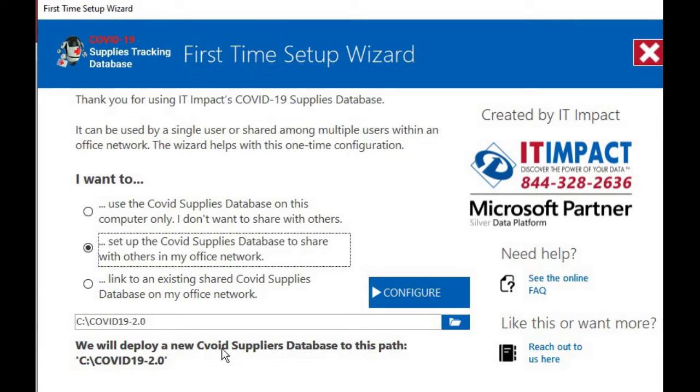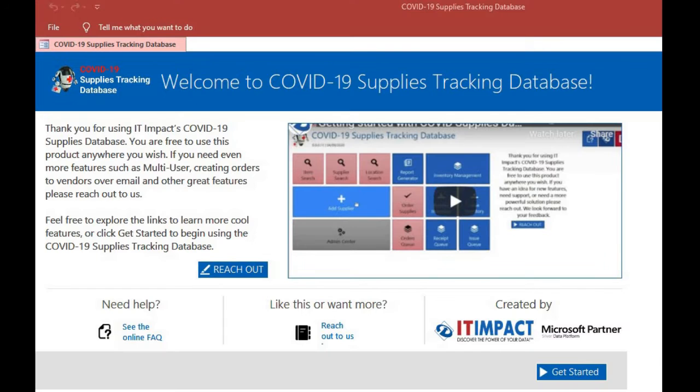This will be the path for other users to connect to. Once you create the folder and you select it, you can click on Configure. The welcome screen will pop up and you are ready to get started.